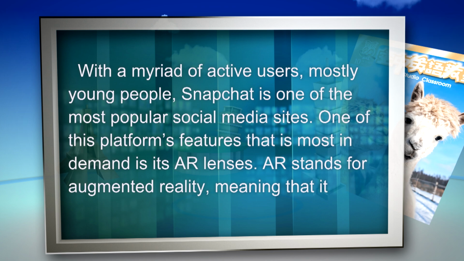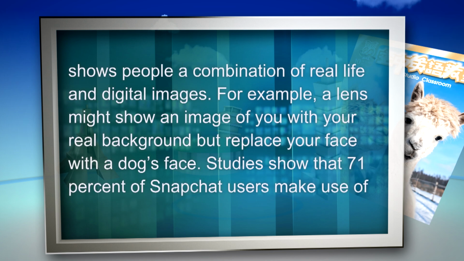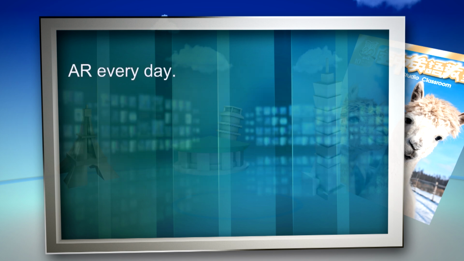AR stands for augmented reality, meaning that it shows people a combination of real life and digital images. For example, a lens might show an image of you with your real background, but replace your face with a dog's face. Studies show that 71% of Snapchat users make use of AR every day.